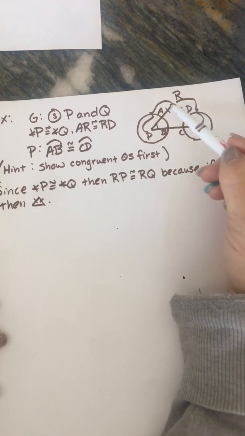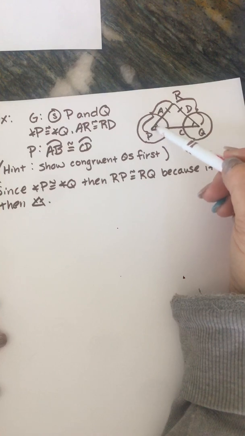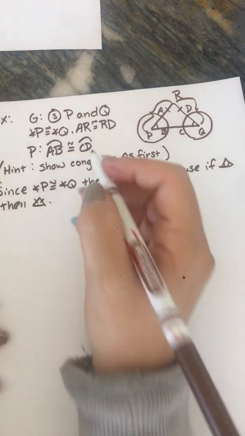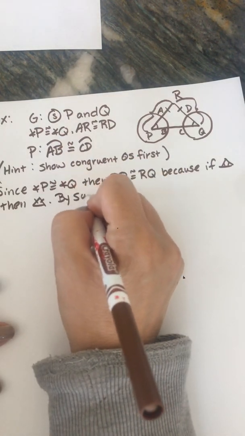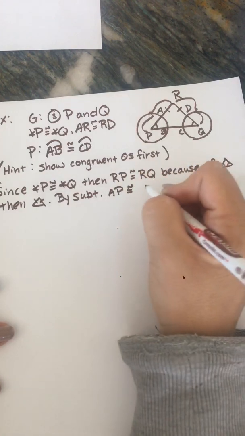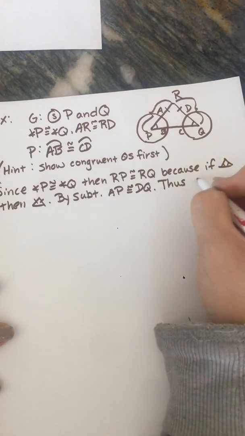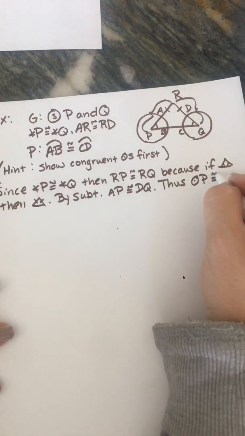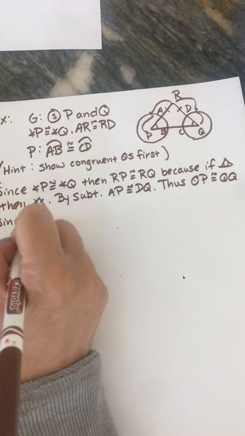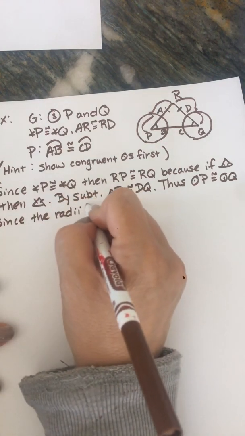Well, if those are congruent and AR and RD are congruent, then wouldn't that mean that AP and DQ are congruent by subtraction? So by subtraction, AP is congruent to DQ. Thus, circle P is congruent to circle Q, since the radii are congruent.